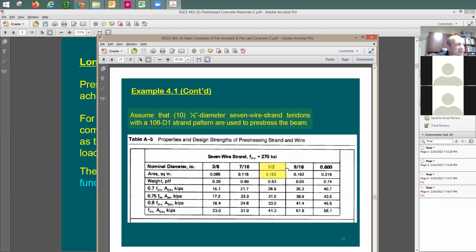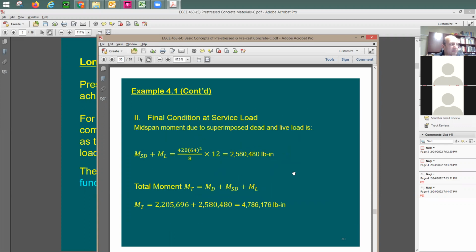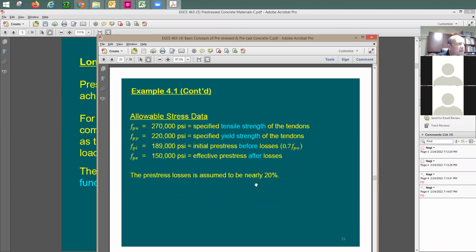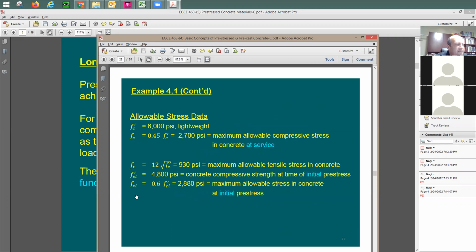And then we said that we have limits when it comes to concrete. If you remember in the example, it says, here are the limits for the concrete strength. The maximum compressive stress that you can have in the concrete at service life is going to be 0.45 F prime C. And at the initial time of pre-stress it is going to be equal to 0.6 F prime CI.